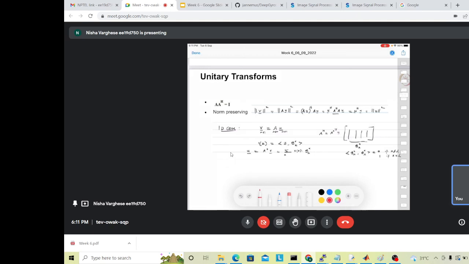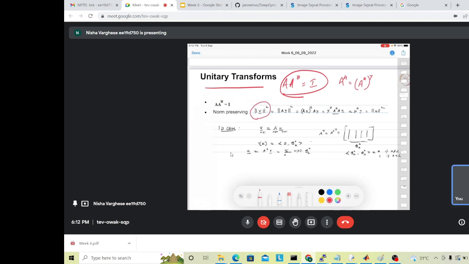Then comes unitary transforms. Unitary transforms are a class of transforms where, if the basis matrix is A, then A Hermitian is equal to the identity transformation, where A Hermitian is the conjugate transpose. Unitary transforms are norm preserving.